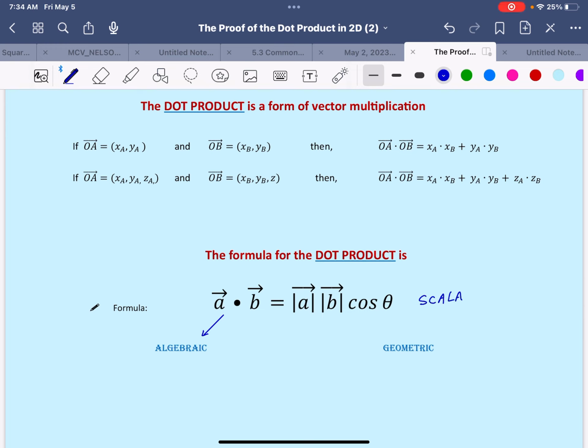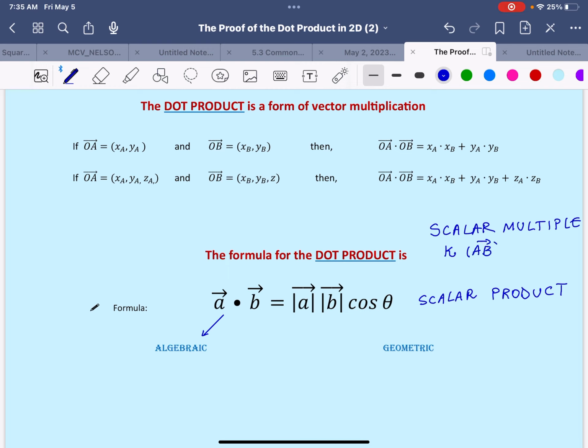So I'm going to say that the dot product of two algebraic vectors will actually equal another number or a scalar, and this is why we call the dot product also a scalar product. Now, remember that there is a difference between saying scalar product and scalar multiple. A scalar multiple, and I want to explain this now before it's too late and we mix them up, of a vector is when you multiply a vector by a scalar.